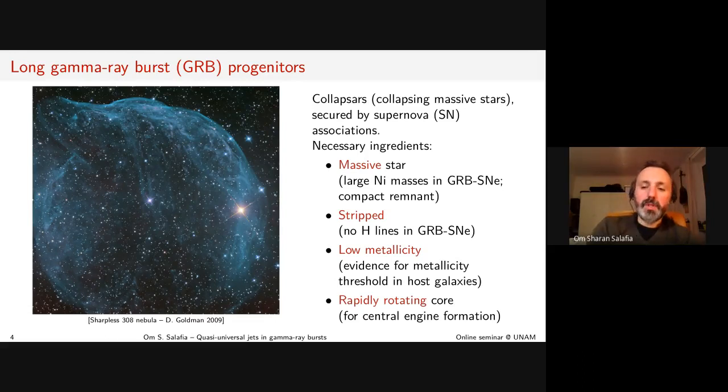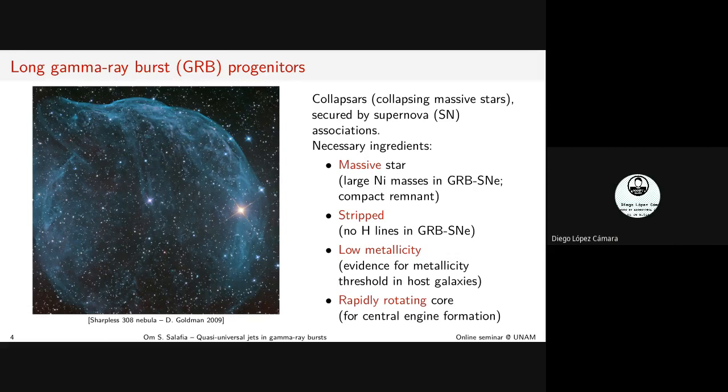These are big explosions. Also, the velocities in these supernovae are found to be very large, like 20,000 kilometers per second. So they are quite luminous supernovae. I will show you some light curves in the next slide. But from the non-observer point of view, 5 solar masses of nickel have been observed.